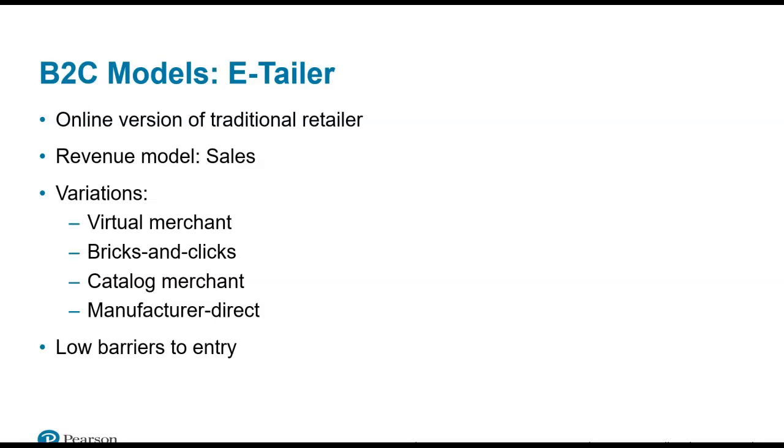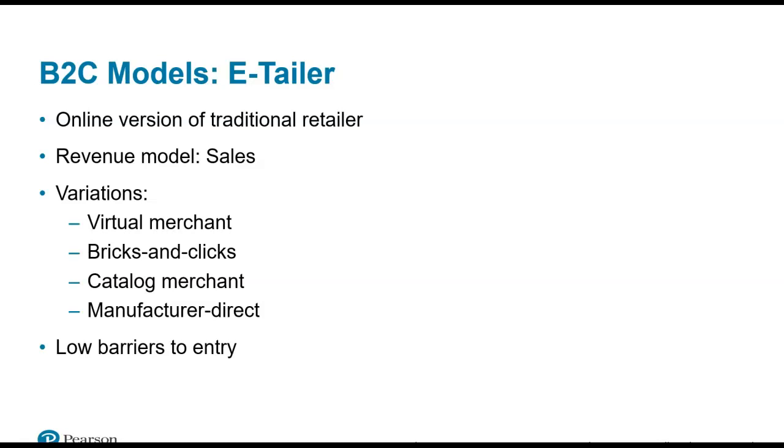I'm a virtual merchant. Bricks and clicks means that I've got an in-person presence and I sell online. Think about Target or Walmart. A catalog merchant: some of these folks were really well suited to adapt to e-commerce. If you think about the big catalog sales, I'm thinking about Land's End, I'm thinking about Cabela's. These were essentially mail order catalogs, so to transition from a paper catalog to an online catalog was pretty straightforward.